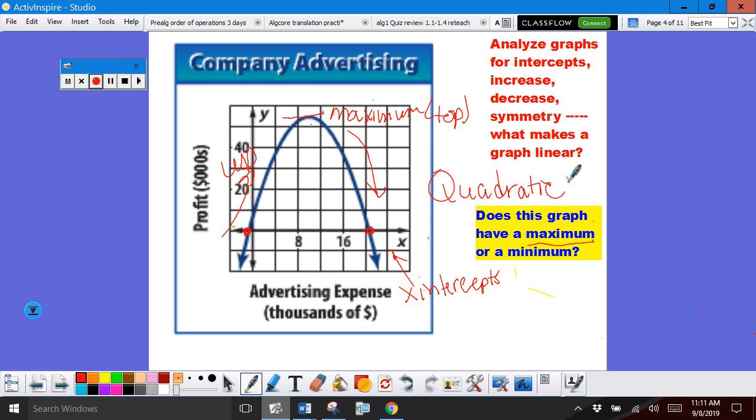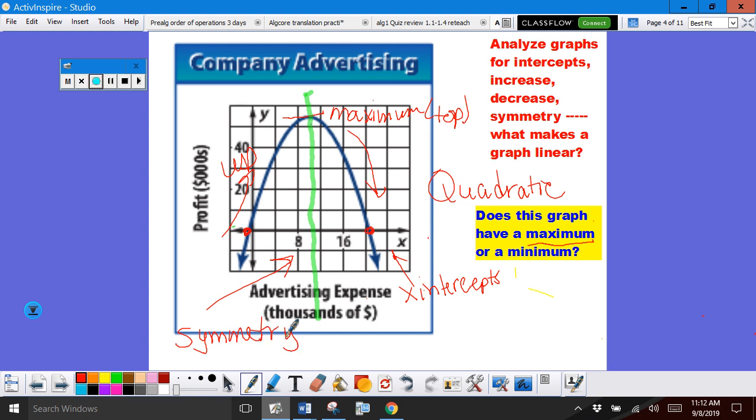Okay, and even more interesting with this one is this one actually has a center. So if I was to draw a line kind of down the center, not a very good line, but that would actually be like a mirror image of the graph. So the left side actually matches the right side. So when we have this line down the center, that is what we call symmetry.